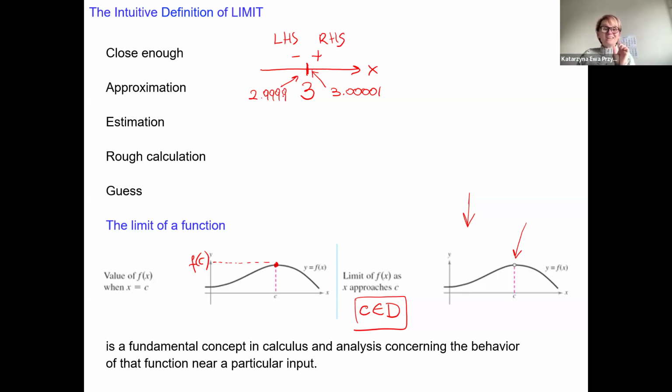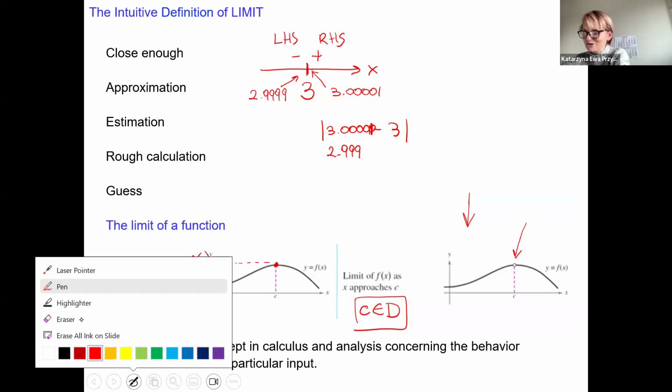And then when we take the difference, 3.0001 minus 3, or 2.999, that's 0. Oh, actually 1, that's 1. We cannot have 0.